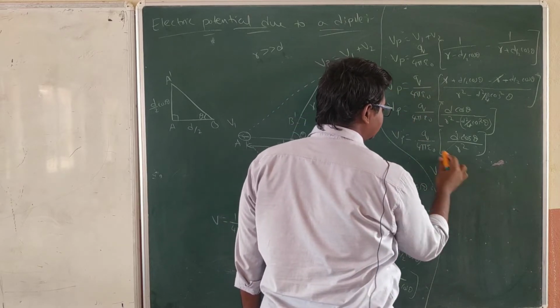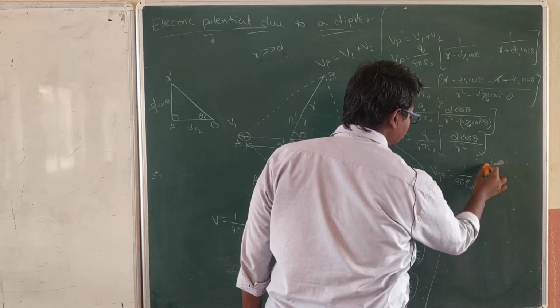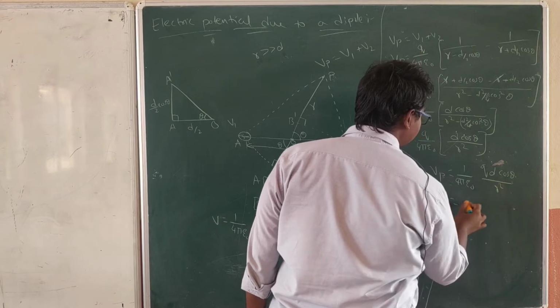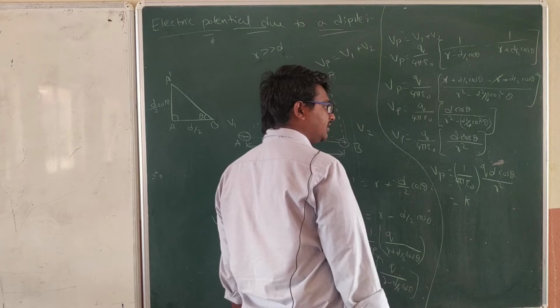Now Vp is equal to 1 by 4 pi epsilon naught Qd cos theta divided by r square, where 1 by 4 pi epsilon naught, as we already know, is simply a constant.